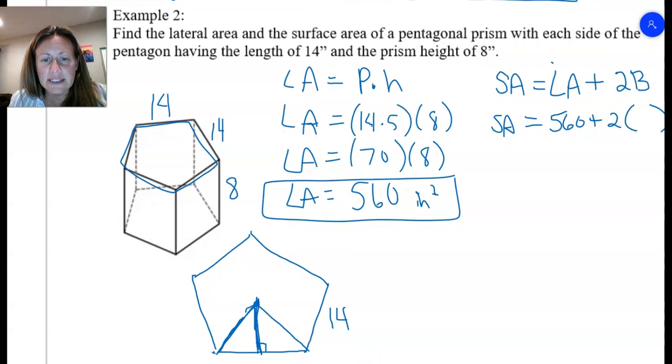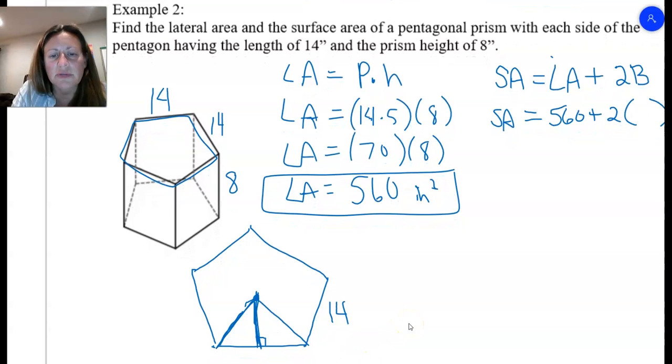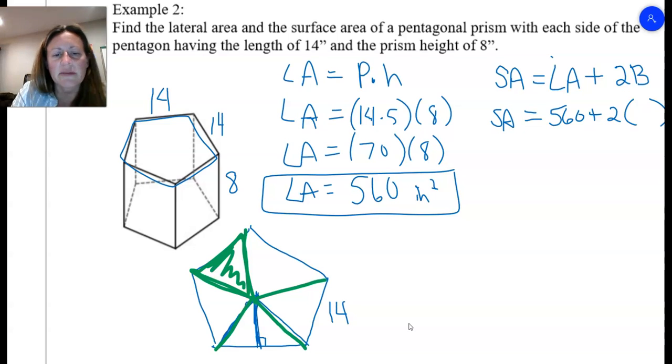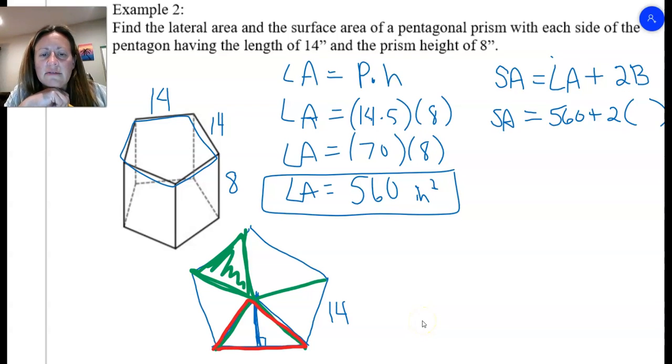That right triangle is significant because it can help us to calculate the area of these triangles, and a pentagon is made up of 5 of them, right? From the center point to each of the vertices, you can make 5 equal segments, and this triangle is the same as all the other 4. So you've got 5 equal triangles. If we can calculate the area of that one triangle on the bottom there, I'm going to put it in red, okay? Then we can get that times 5, and it's the area of the entire pentagon.